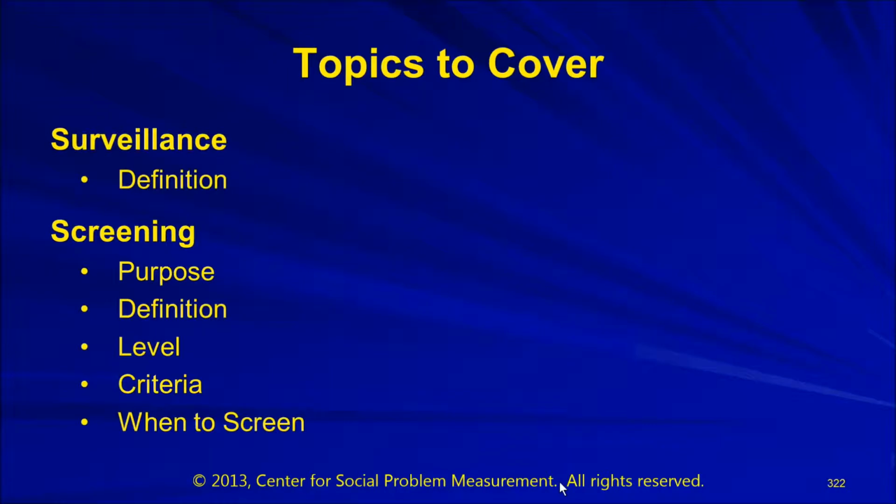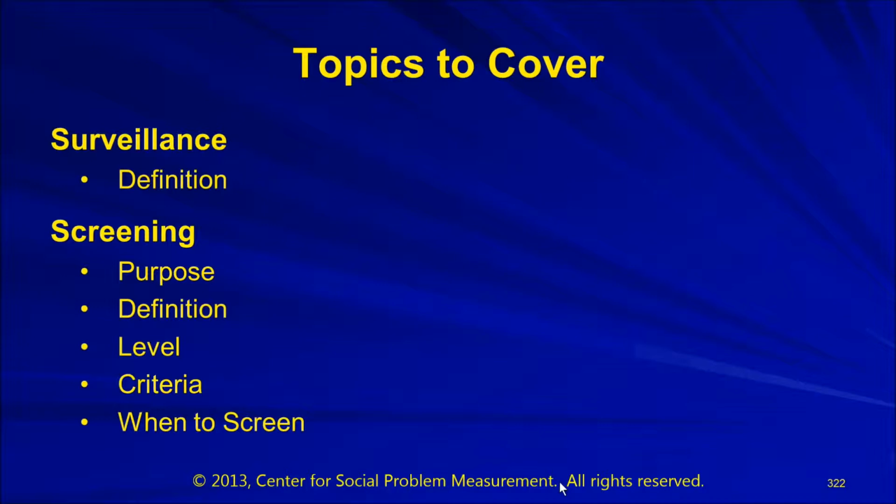But these are the topics that I want to cover about surveillance. I want to give you a definition, and then I want to talk to you about one of the types of surveillance that we use because it has to do with collecting information and collecting data.